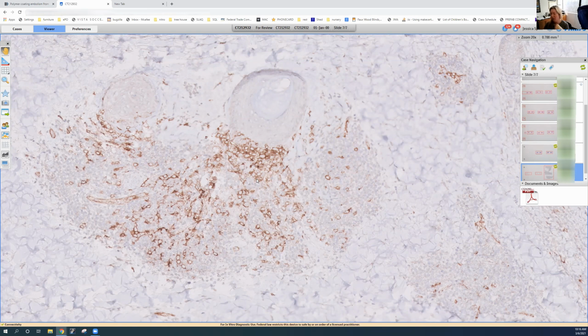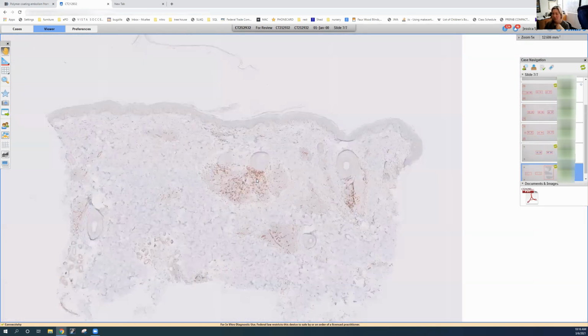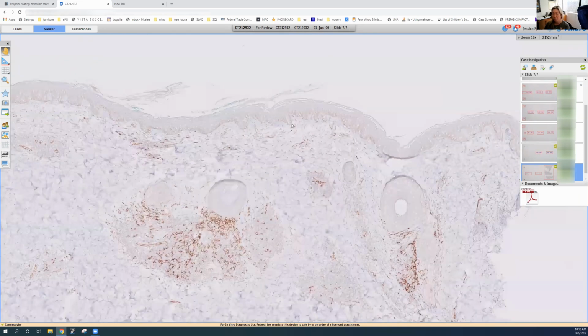I have found it helpful in cases where I suspect lupus, but the changes at the dermal epidermal junction aren't the greatest. Also in tumid lupus, it can be quite helpful when you really have nothing happening at the DEJ.